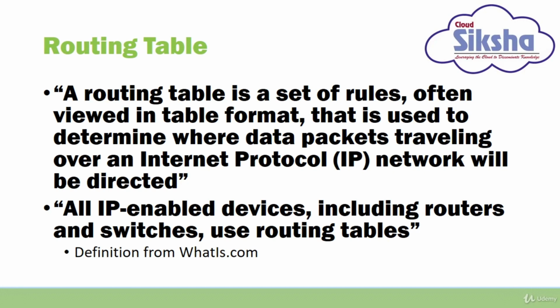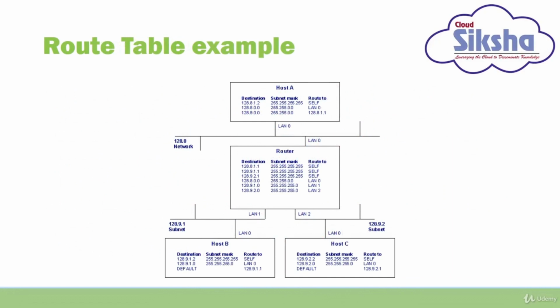Right? So all IP enabled devices, whether routers, switches, anybody, all of them use a routing table. So routing tables are ubiquitous. They are everywhere in the networking scheme of things, and you should understand this. So here is an example where I've shown the routing table. Here you can see that there's something called a destination.